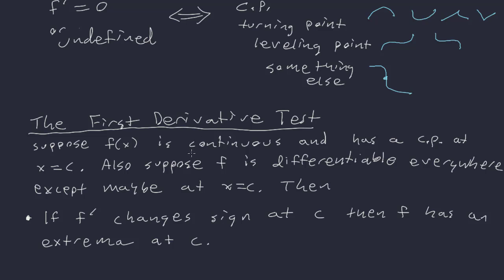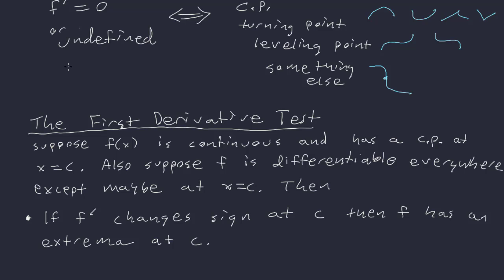This won't work if f is not continuous. Provided you avoid places where it is discontinuous, you should be okay, but it needs to be continuous where we're looking. We're also going to suppose f is differentiable pretty much everywhere except maybe at the critical point, because some critical points happen where f prime is undefined.